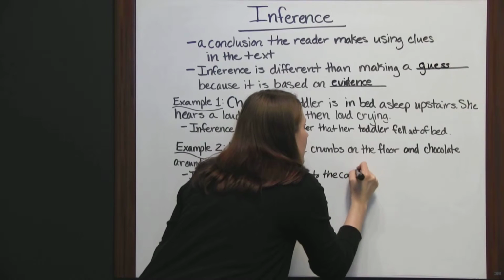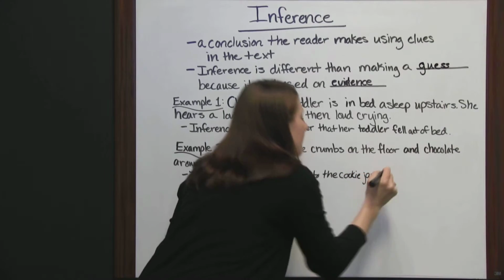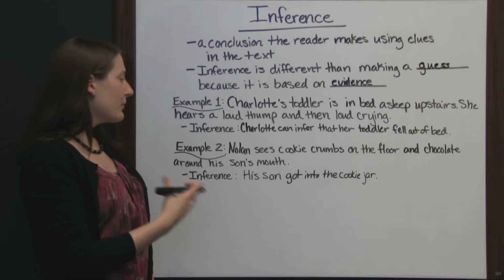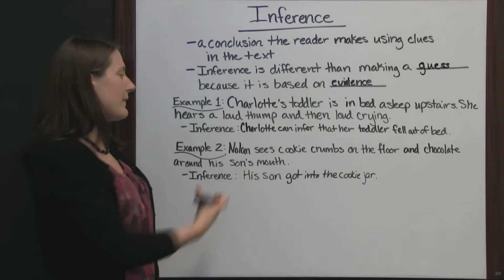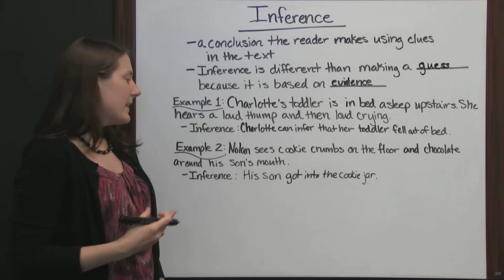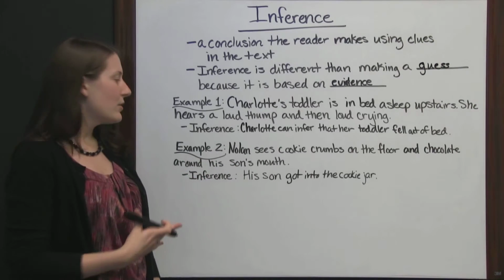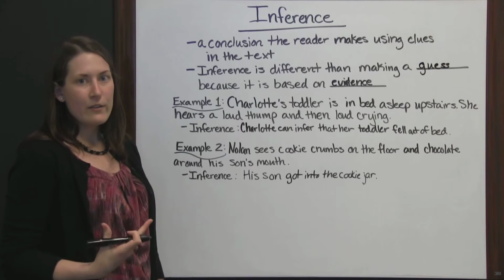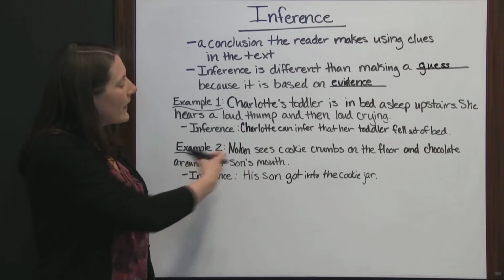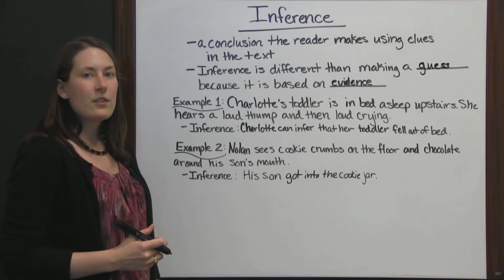And it may not be the cookie jar, it may be that he got into a pack of cookies, but you don't really know the rest of that. You just know that if there are cookie crumbs on the floor and chocolate around his son's mouth, that the kid got into cookies somehow. So you can infer he got into a cookie jar or a pack of cookies without the author explicitly saying that to you.